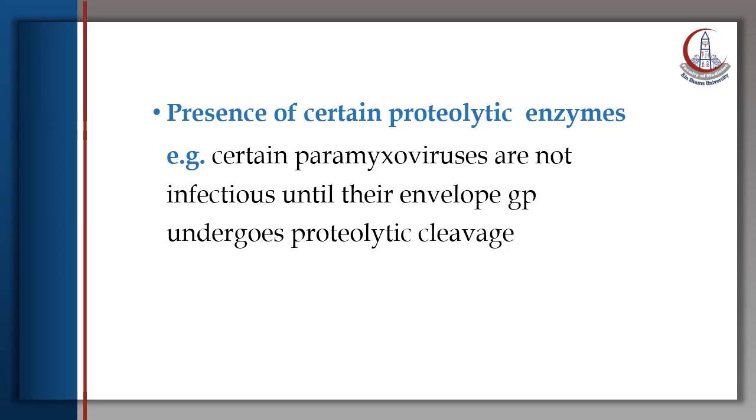This modification is performed by the proteolytic enzymes, which are present in certain sites, which in the case of paramyxoviruses is the respiratory tract. So, infection starts in the respiratory tract because of the presence of these proteolytic enzymes, which modify the glycoproteins on the surface of the virus.